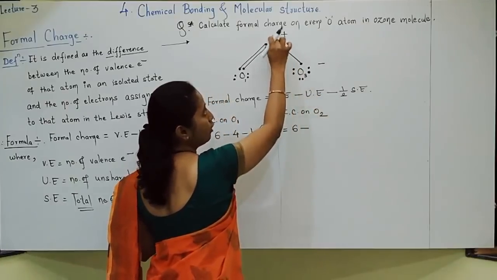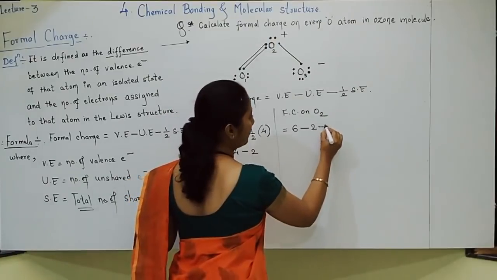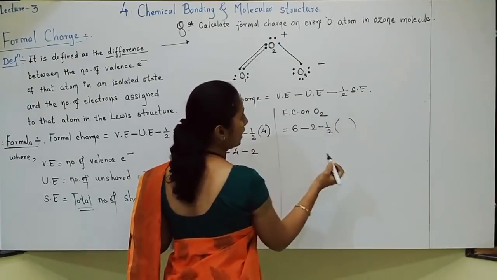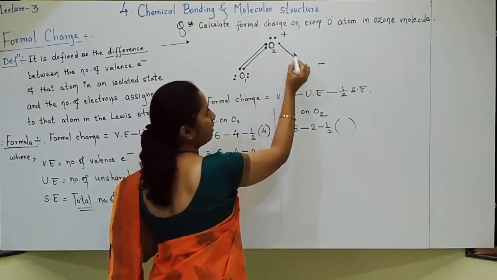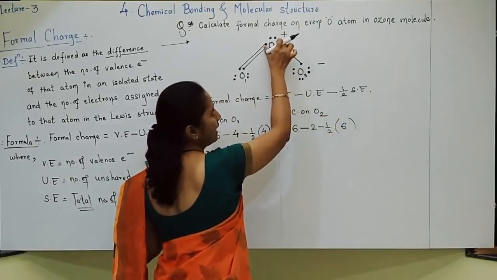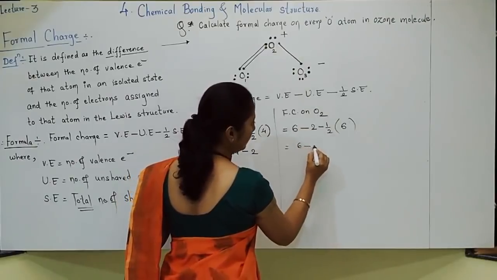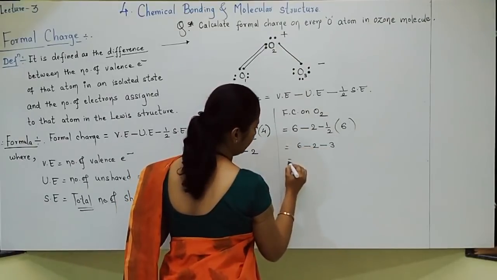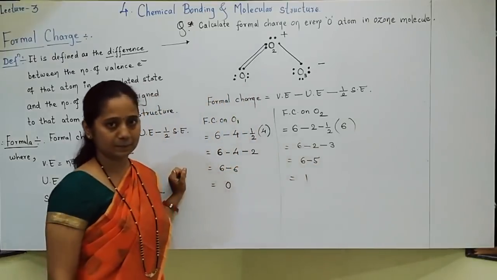How many electrons are not shared? 2 are not shared, minus half shared electrons. 2 plus these 2, 4, 5, 6 shared electrons. See how I counted? 3 are shared, double, 6. So it becomes 6 minus 2 minus 3, 6 minus 5, and the answer is 1.